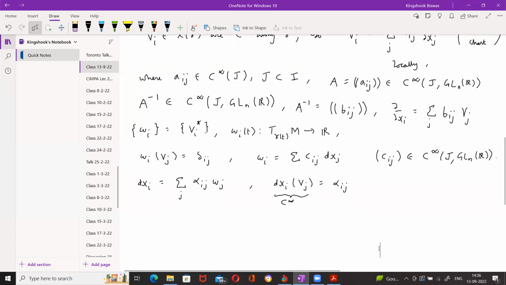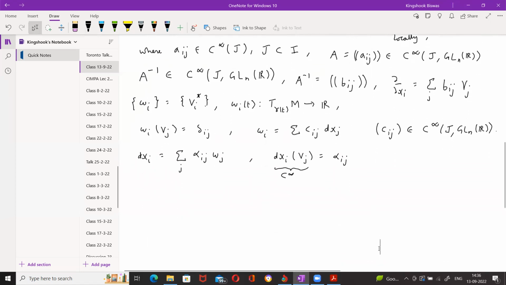So now that I can write V in terms of this parallel basis, why is this convenient? Because with respect to a parallel basis, the covariant derivative becomes very simple, right? What is dV/dt?